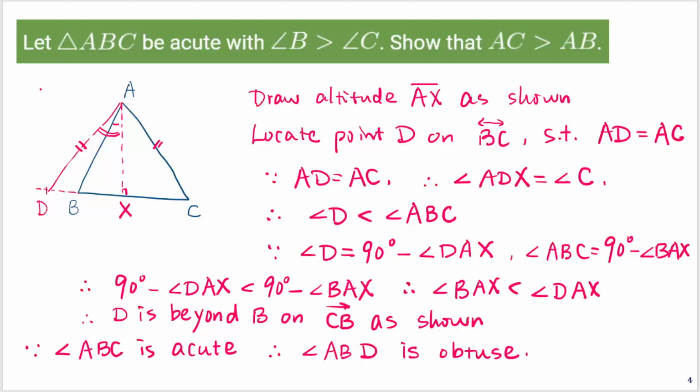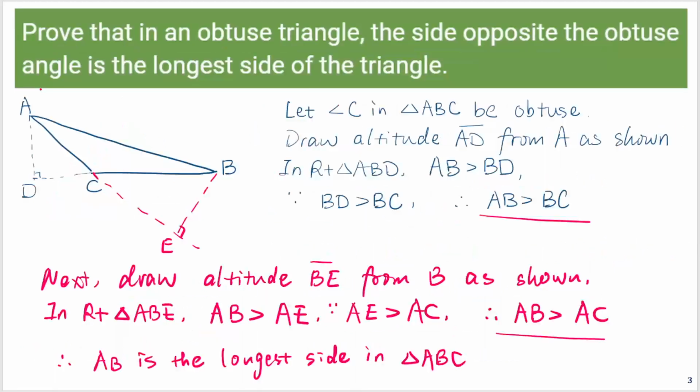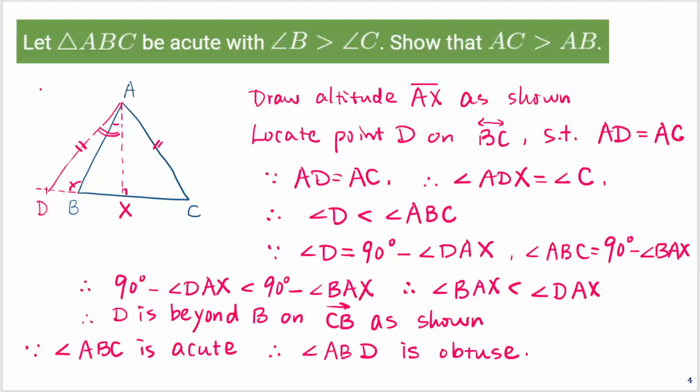And therefore, if we have an obtuse angle here, then we have already proved that the side opposite the obtuse angle is the longest side of the triangle, right? So we can make use of the conclusion here. Because angle ABD is obtuse, in the triangle ABD, we have AD is the longest side, therefore we can prove AD is larger than AB, right?